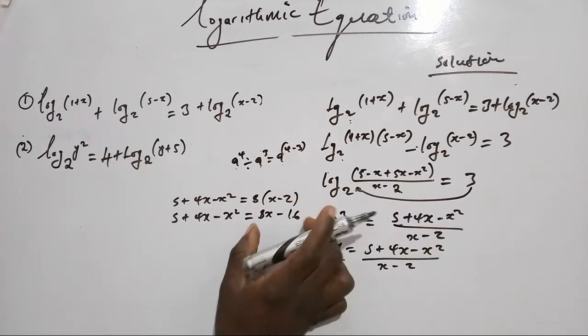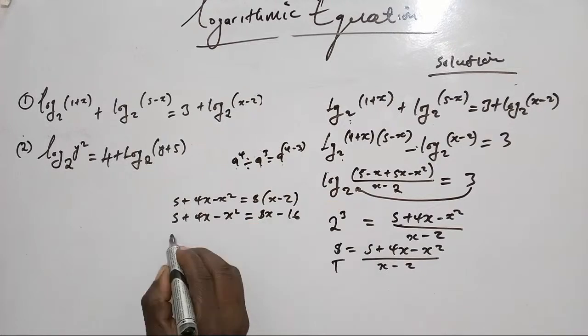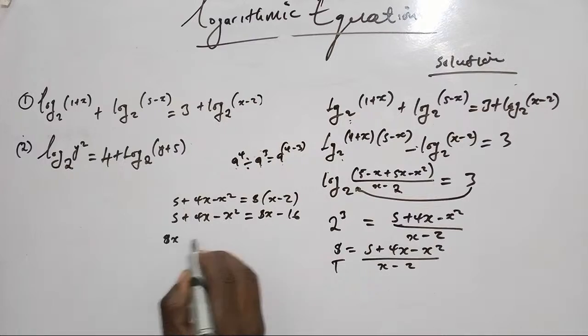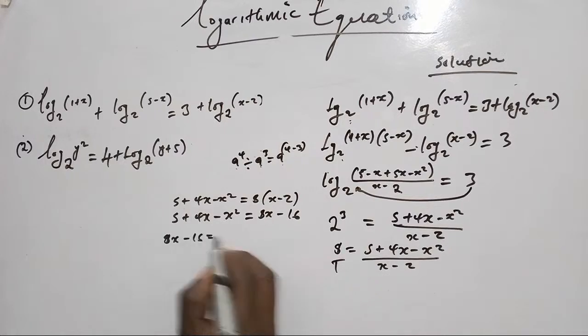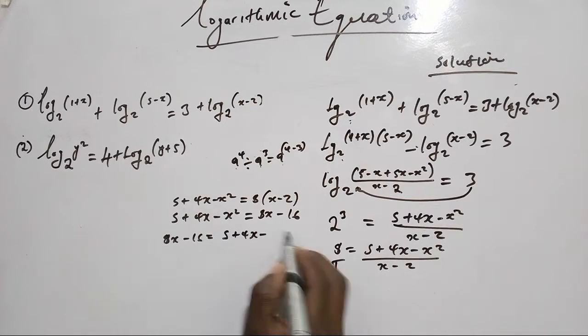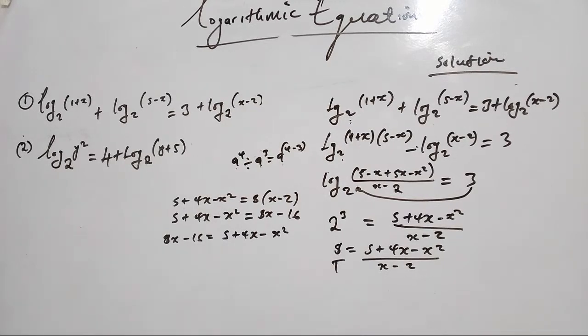Then we have to start with this term here. So we're going to say 8x - 16 equals 5 + 4x - x².